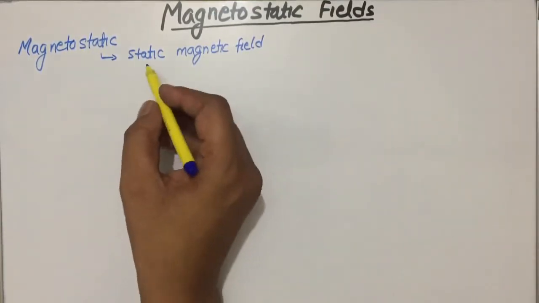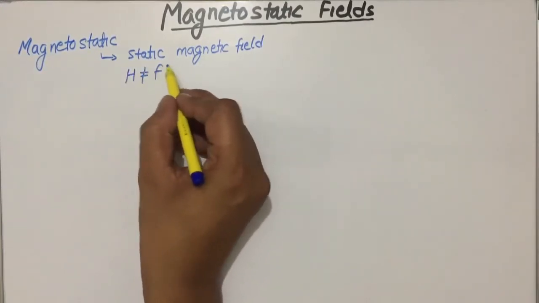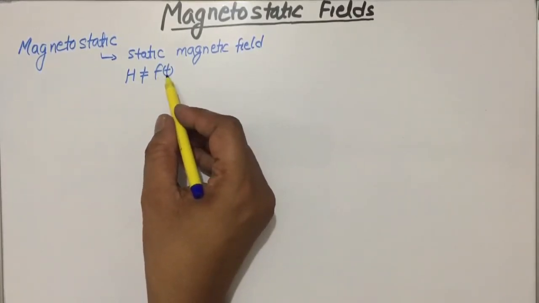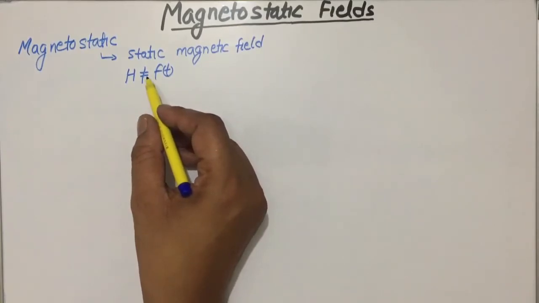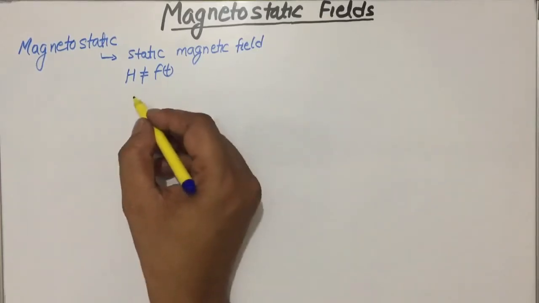Static means the field does not vary with time. If it is independent of time, then we can say this is possible only when the source of the magnetic field, that is the current, remains constant.